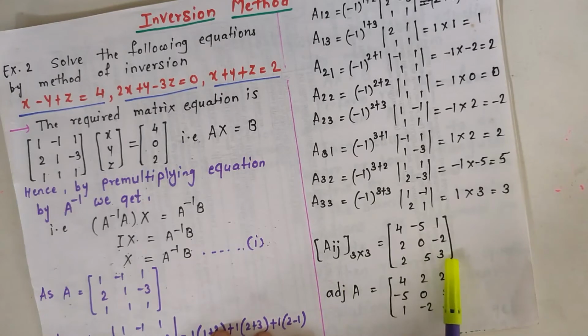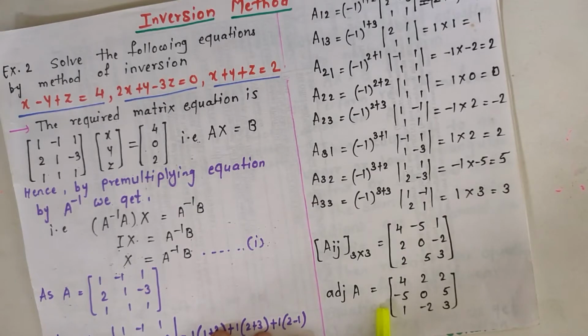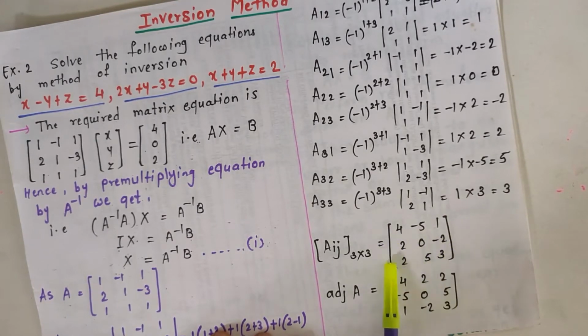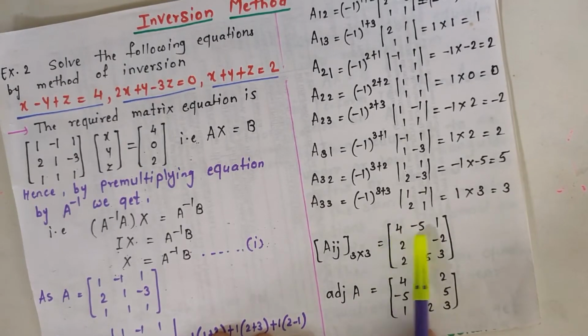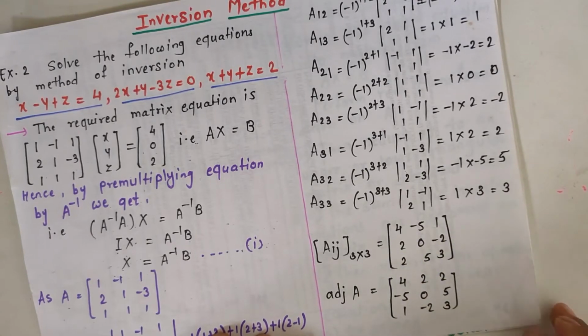So this is the cofactor matrix. Now we know that the adjoint of A is the transpose of the cofactor matrix. So by interchanging rows and columns of the cofactor matrix we get the adjoint of A: first row as the first column, second row as the second column, third row as the third column.